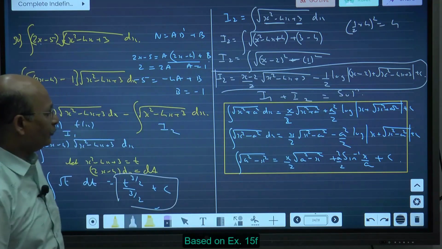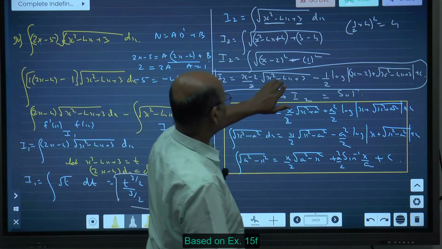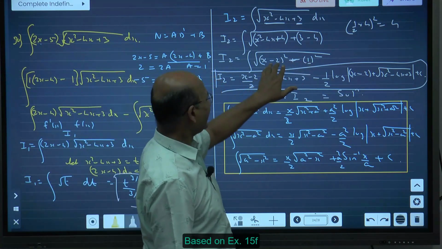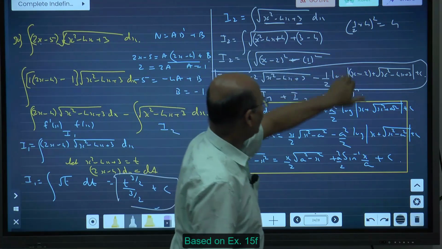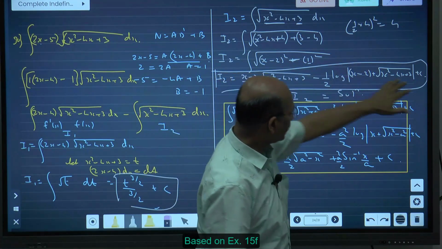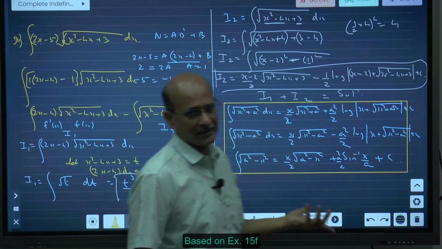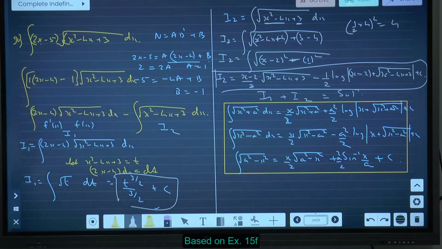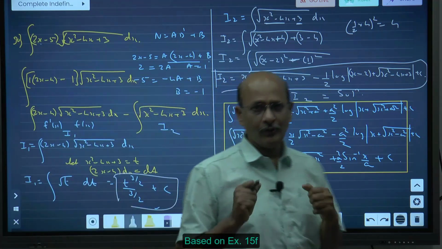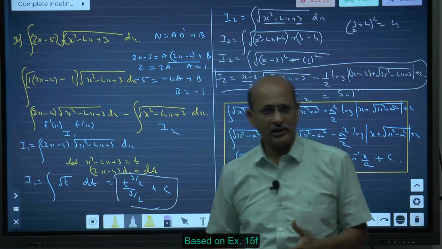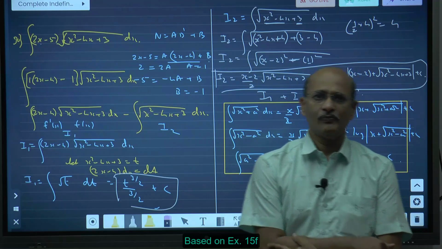Now if you feel unsure how I got this, you can open this up or write this as it is: x square minus a square, write this as it is, plus log of x plus, copied as it is. It will come the same. Not a problem, but as I said, linear into root quadratic, the bi-term formulas which we started with in special integrals are really important.